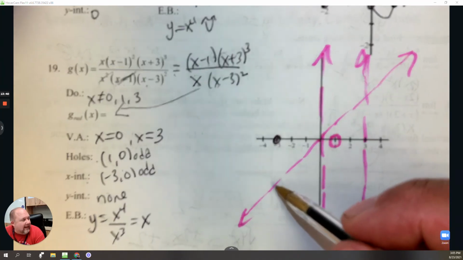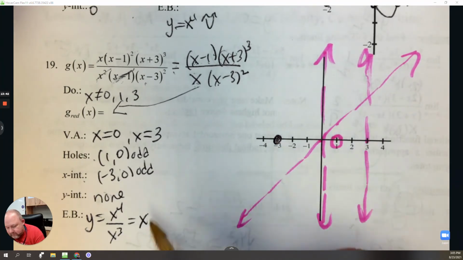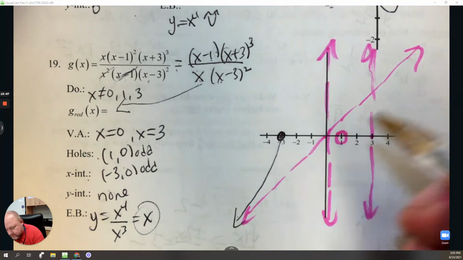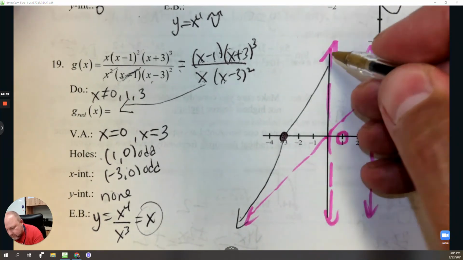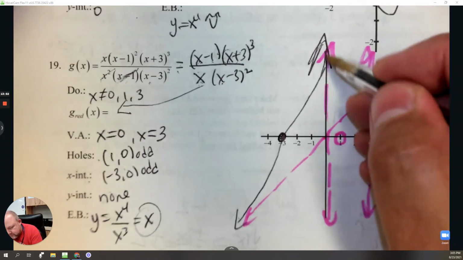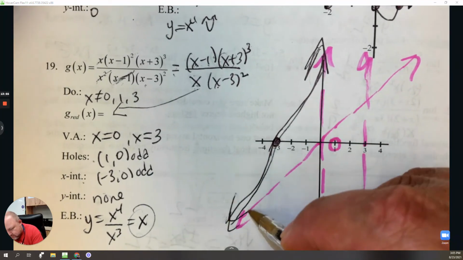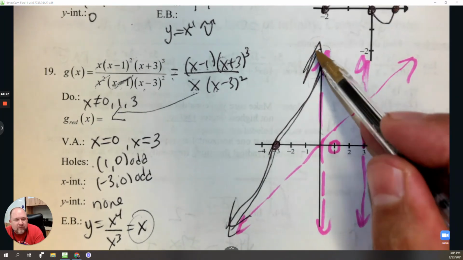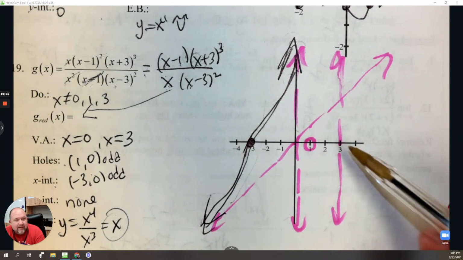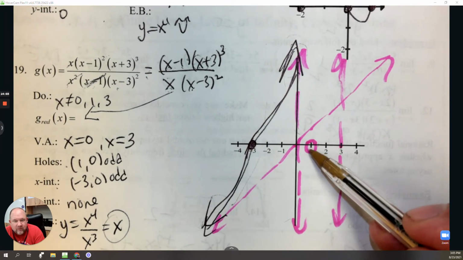We know at one end that it crosses there. So it's going to cross over. On one end it goes to infinity, it crosses over and goes to negative infinity. Here, it crosses over at the hole.